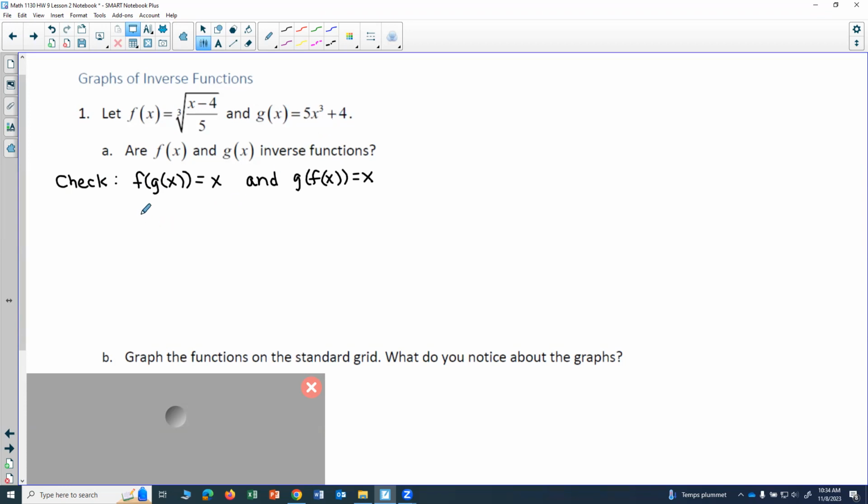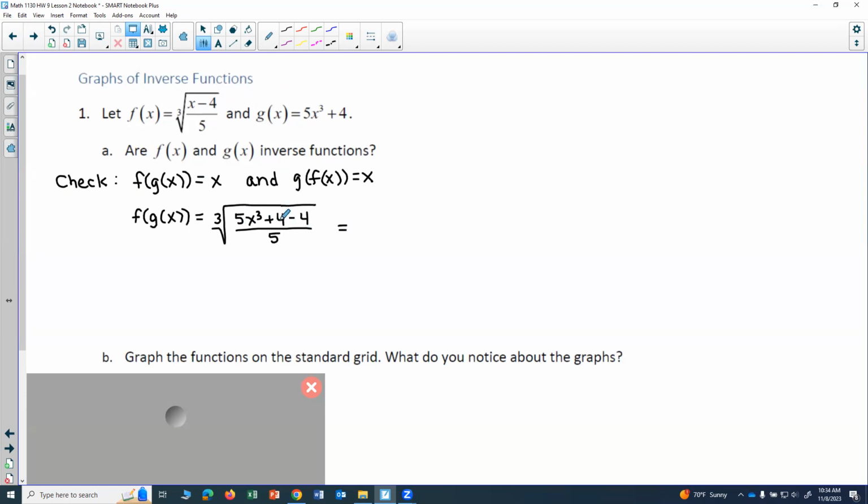So let's go ahead and do f of g of x. F of g of x will be the cube root. Now I'm going to plug g of x in where I see the x here. So I'm going to have 5x cubed plus 4, and then minus 4 is part of the f function, so minus 4, over 5, and I want to go ahead and simplify that.